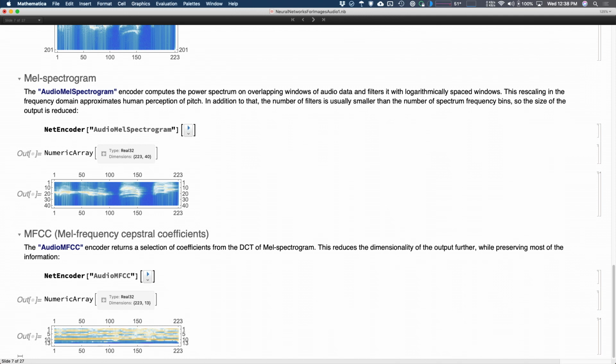And the main characteristic is that it preserves a lot of information about what is spoken, while reducing the amount of data that you will need to analyze. So, as I was saying before, this is the net encoder that we chose for our network.